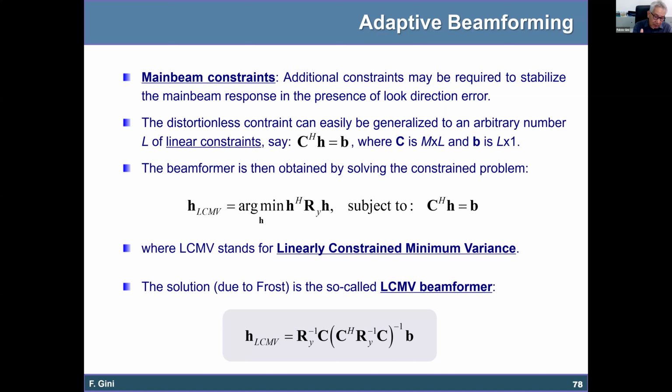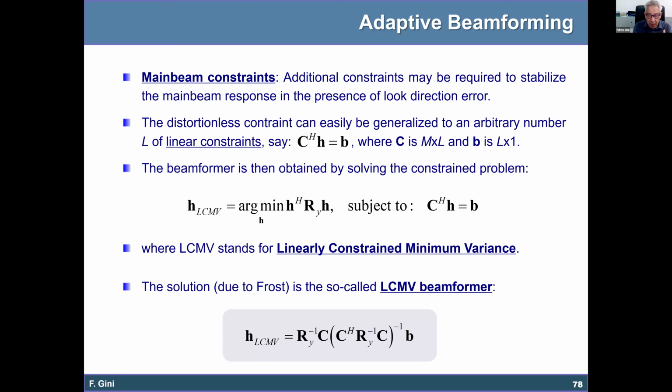So in general, another reason for imposing additional constraints is, for example, to stabilize the main beam response. In order to limit the effect of an error in the pointing direction, we may want to build a beam that in the steering direction is almost flat.